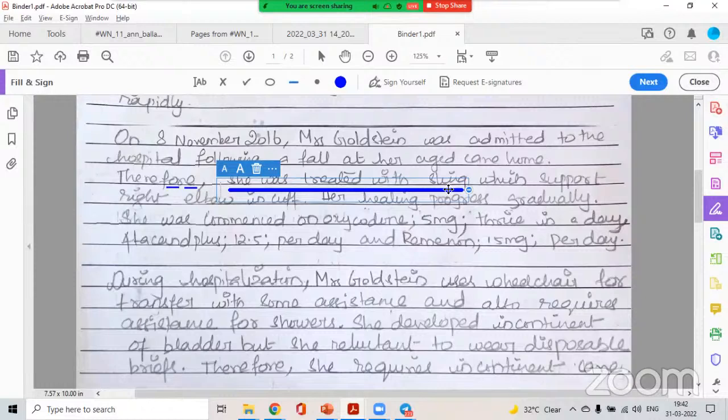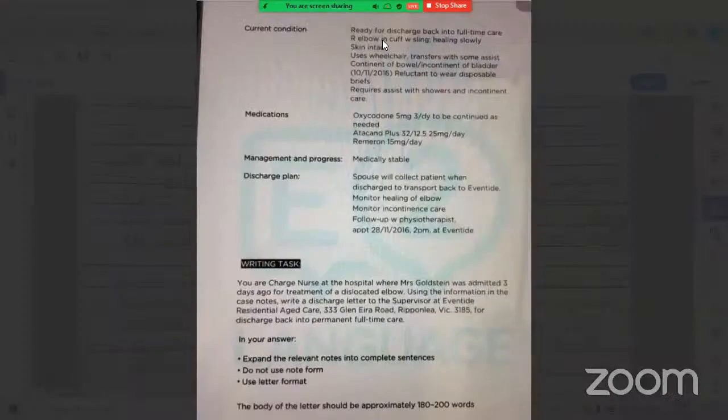Sling has been used to support the right elbow in cuff. Sling has been used or sling is being used. Sling is being used, not was treated. See, current condition, present, why are you using was? So sling is being used to support the right elbow in cuff.